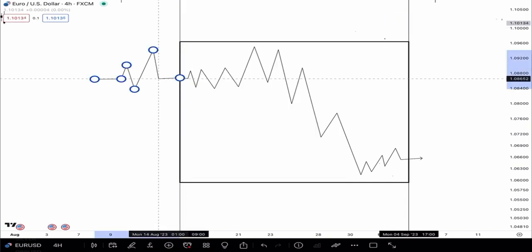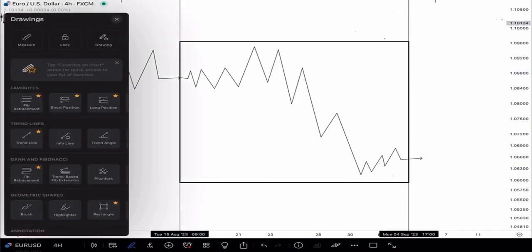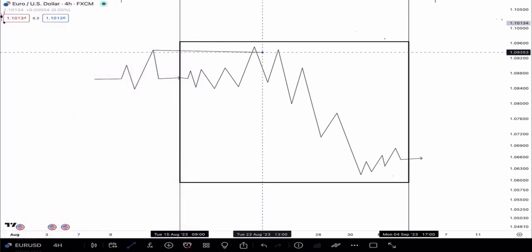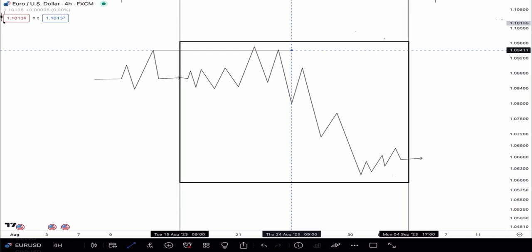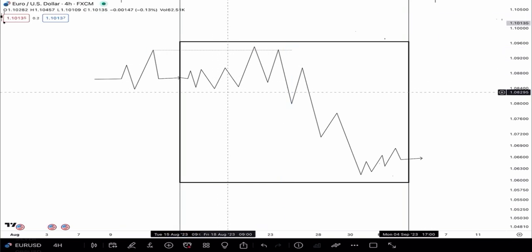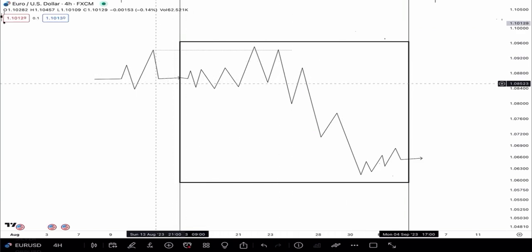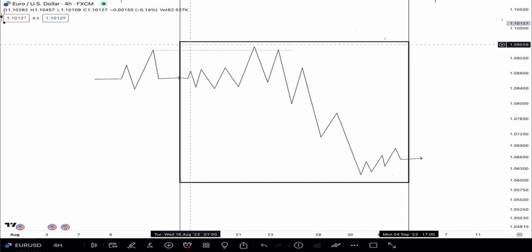Right, twisted candle. A liquidity pool inside of a higher time frame PD array. Above the opening price of the candle you are trying to trade. From there you enter and you ride it down to the opening price.